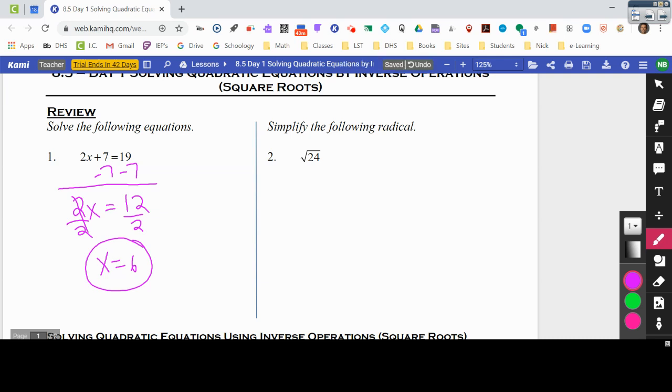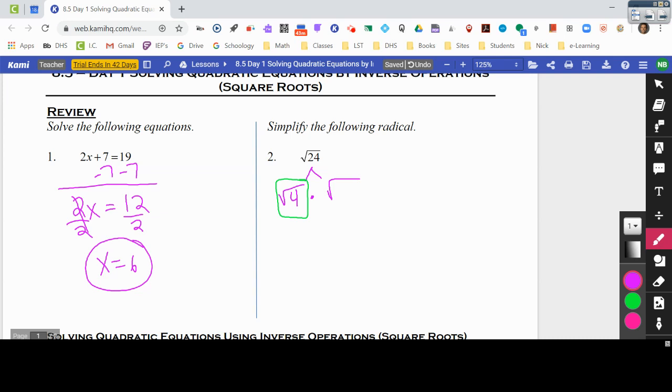Number 2, it's what we learned last week, simplifying this radical, the square root of 24. This is where we want to break up this rad 24 into two radicals, some perfect square number times another factor. So we take that 24 and find the largest perfect square factor of 24, which is going to be 4.